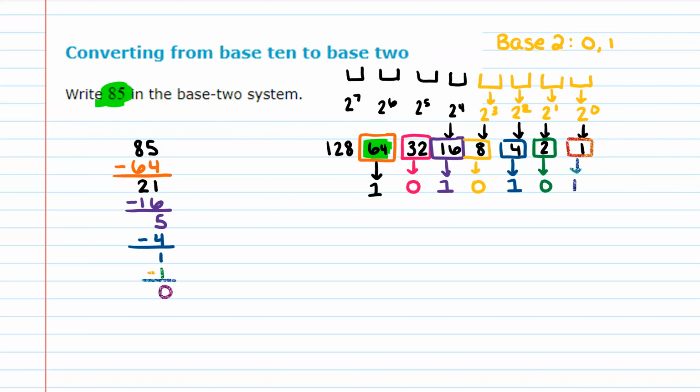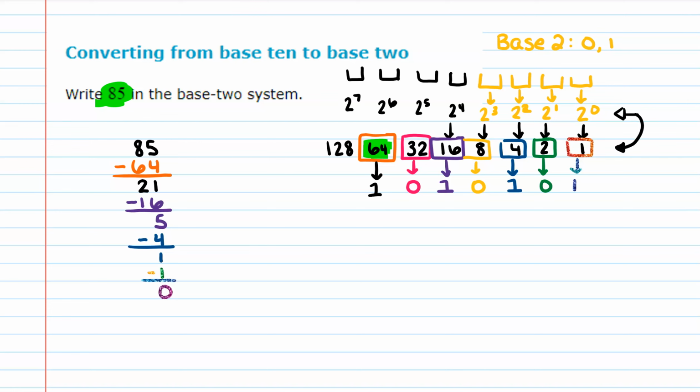And now I have nothing left over. So if there were any digits to the right of that, they would all be zeros. So if you want to write a base 10 number in a different base, you have to figure out the powers of the placeholders, the actual powers, and then also what they represent, like in base 10.